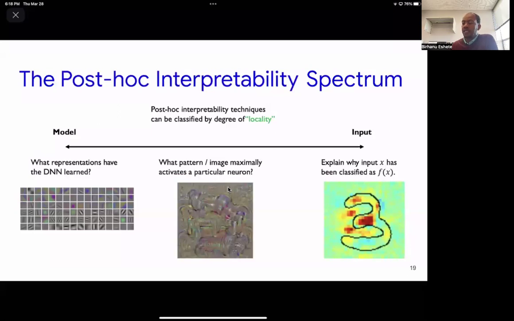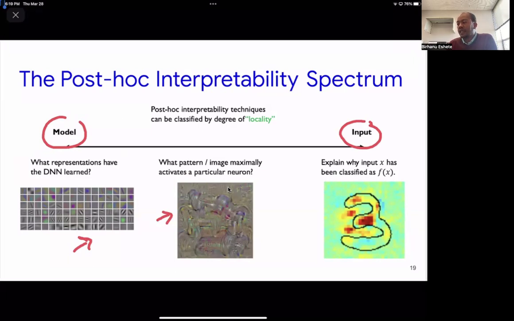The idea is that you have the model on this side and the input on this side. When we are looking at images, for example, at a low level we look at what representations the model has learned. At the intermediate level, we look at what pattern or image maximally activates a particular neuron.